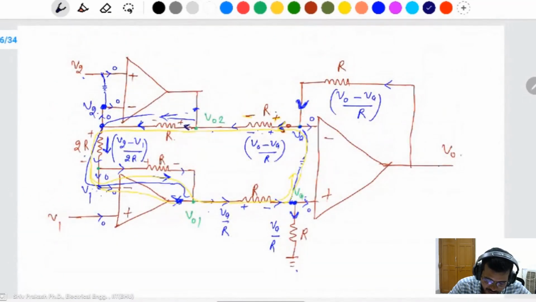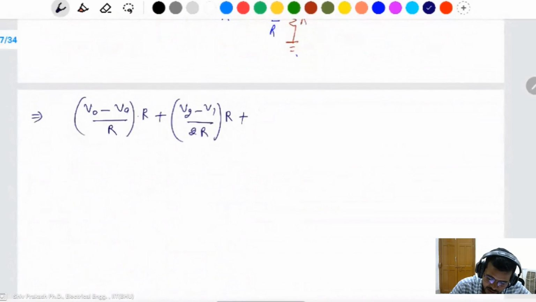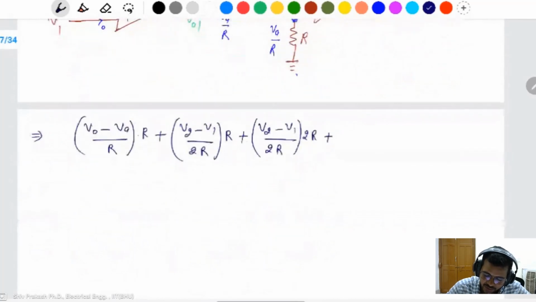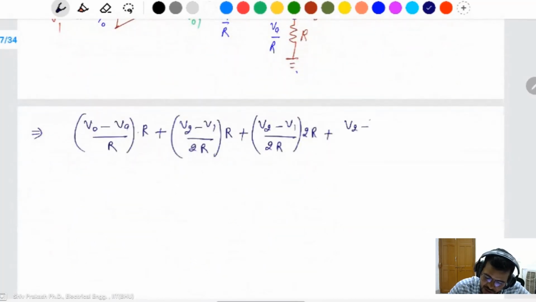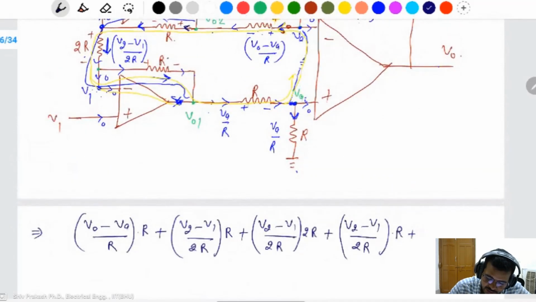This is V2 minus V1 divided by 2R, into 2R, the voltage drop. V2 minus V1 divided by 2R into 2R, plus the next resistance. This is the same current, V2 minus V1 divided by 2R, into R is the voltage drop. V2 minus V1 divided by 2R into R, plus this voltage.